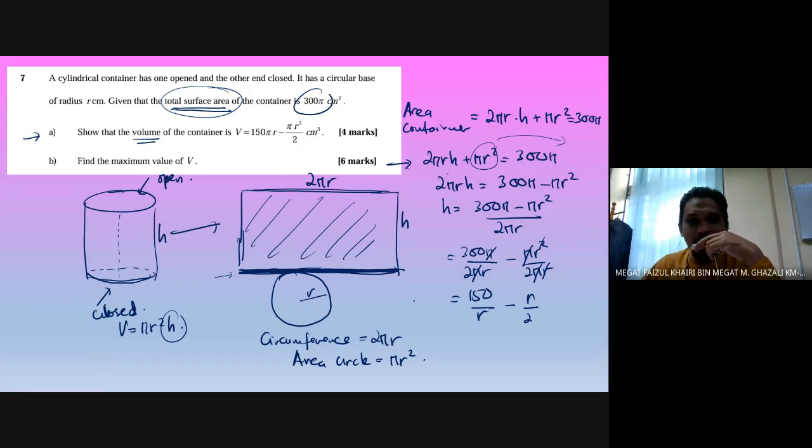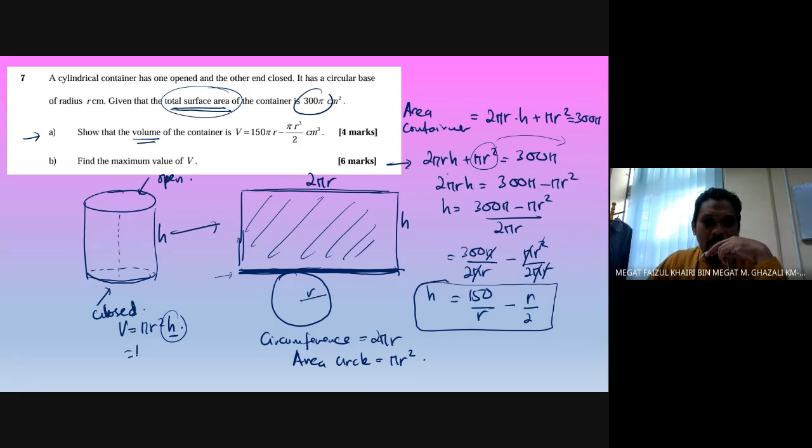Okay, so now show that the volume is this one here. So pi r square h we get here. So pi r square times 150 divided by r minus r over 2.